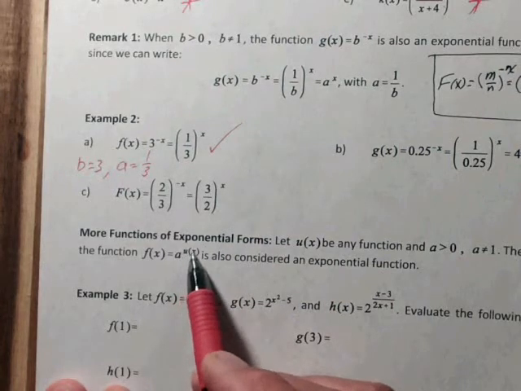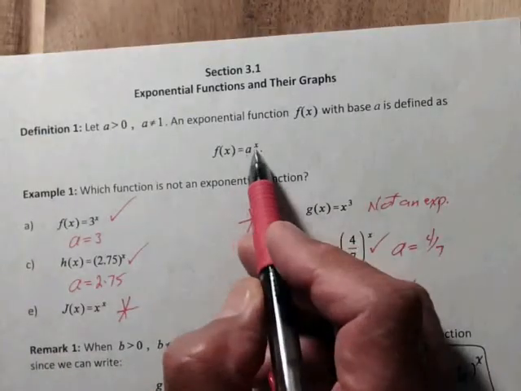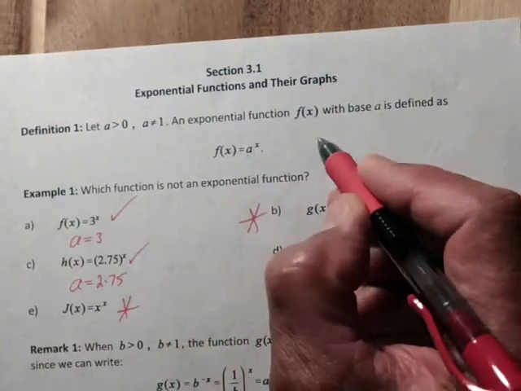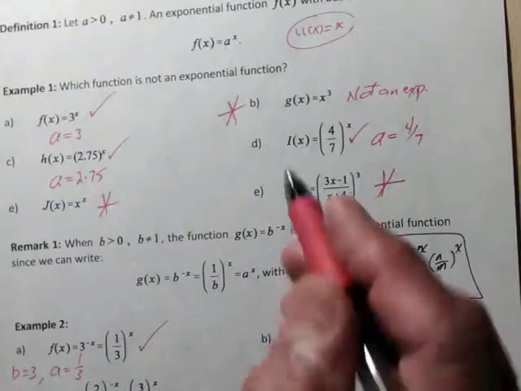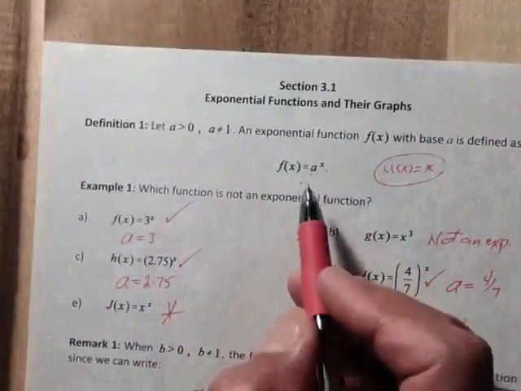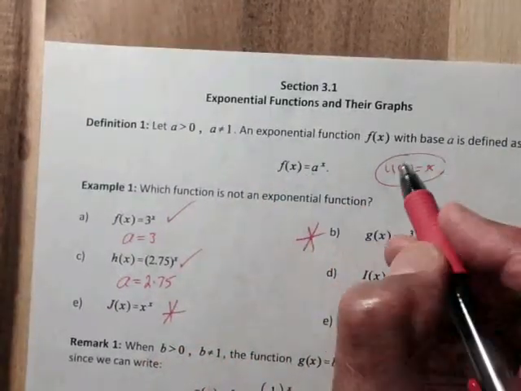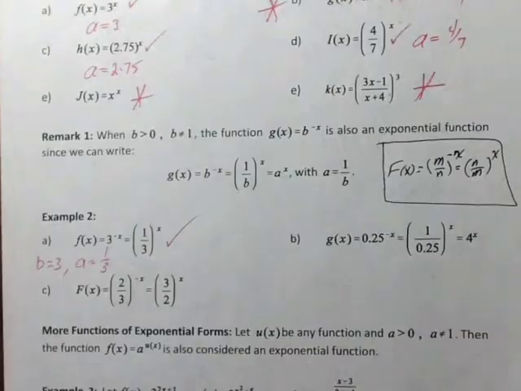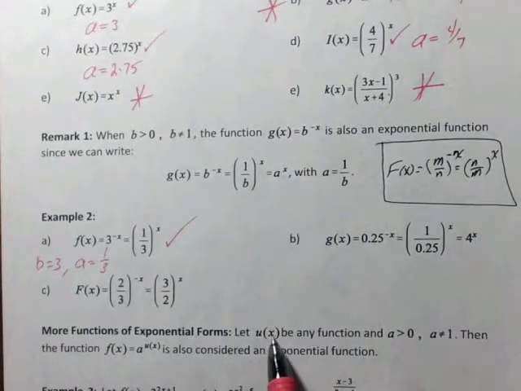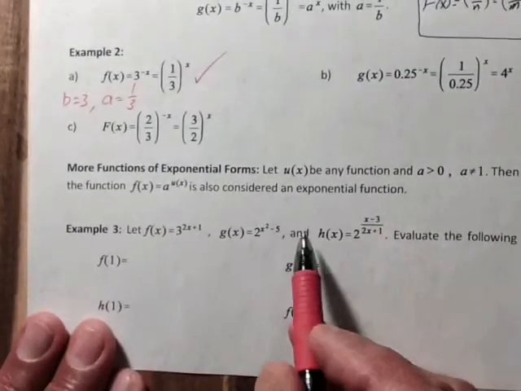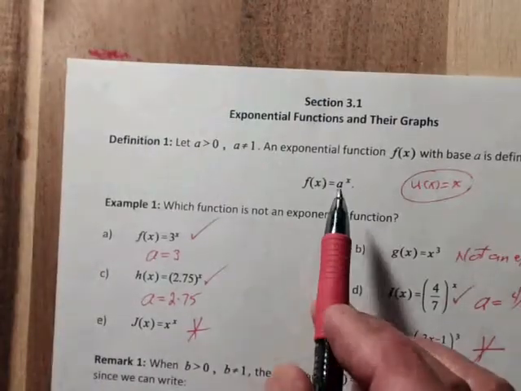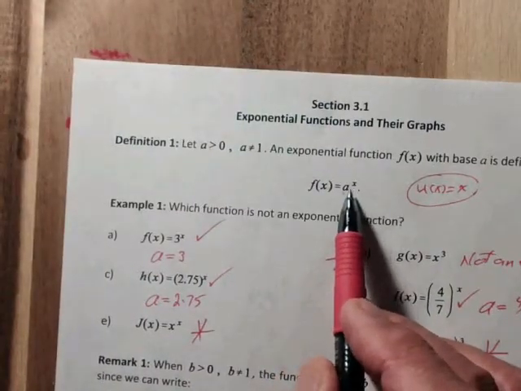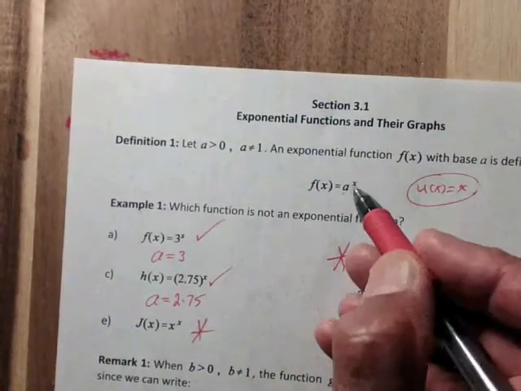So if u of x is x, you get that. But u of x doesn't have to be x; it could be something more than x. So these are also considered exponential functions. They are more involved, because not always do you have just a to the power x. You may have something more than x up there.